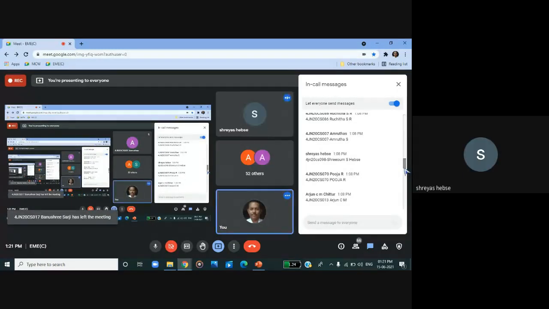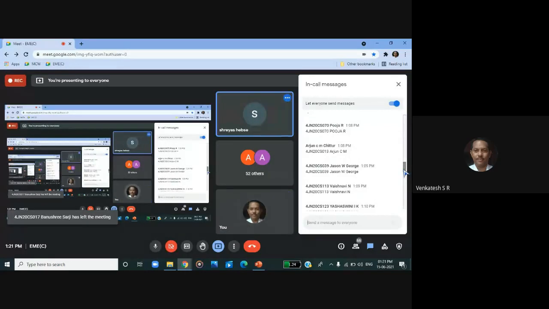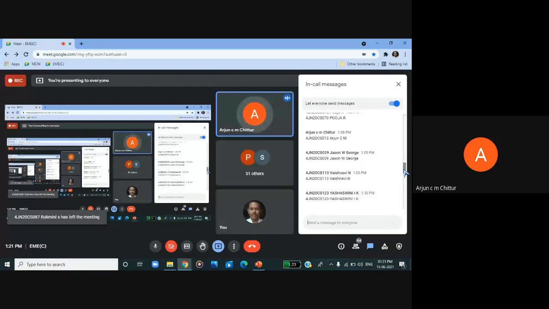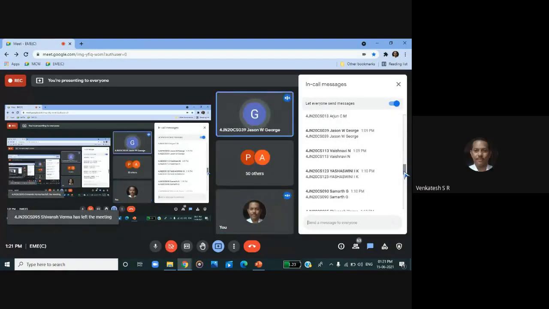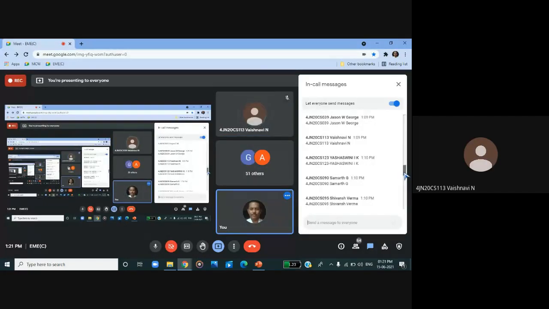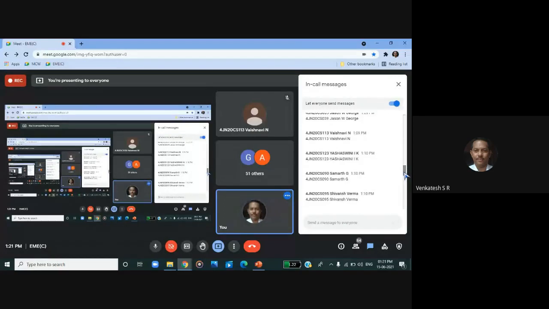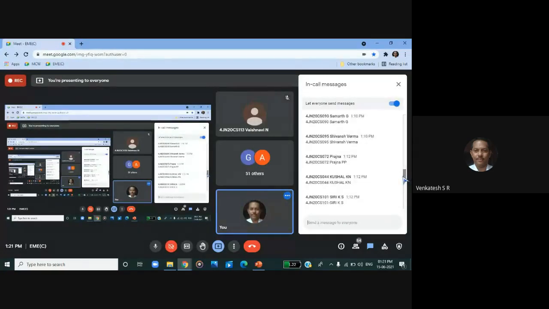Shreyom. Present, sir. Pooja R. Present, sir. Arjun. Present, sir. Jason. Present, sir. Vaishnavi. Present, sir. Yashaswini. Samarth G. Present, sir.